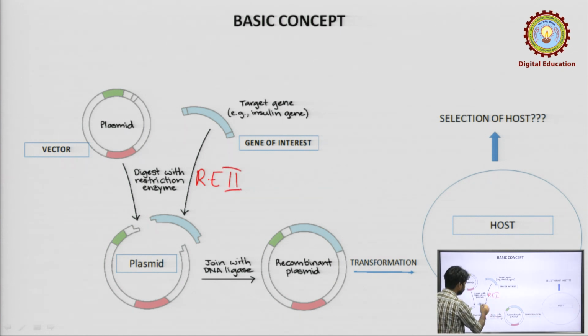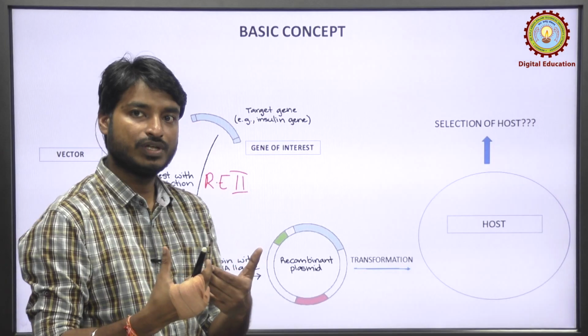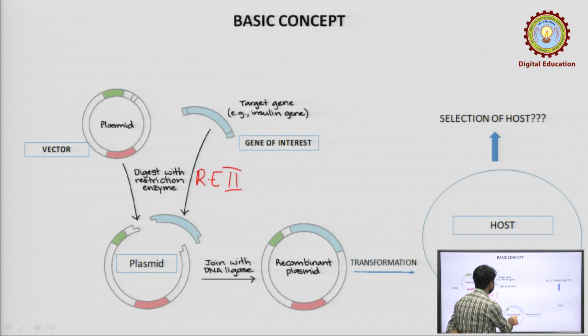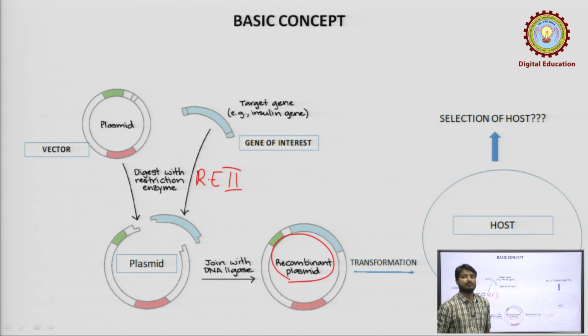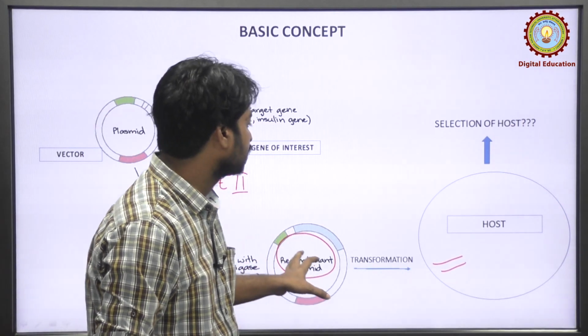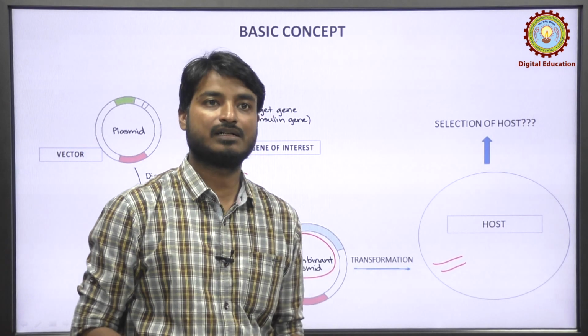Thereafter, we will join our plasmid with the target DNA with the help of ligase enzyme, which can join two DNA fragments together, and it forms a recombinant plasmid. After that, we insert this recombinant plasmid into the host. This process of inserting the recombinant plasmid into a host is called transformation.